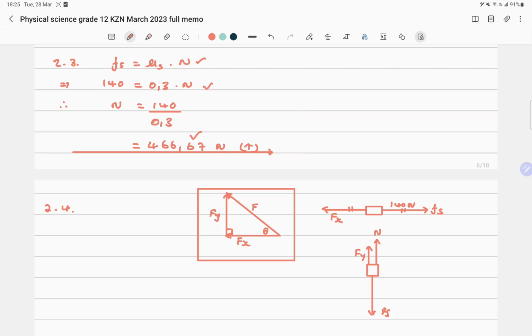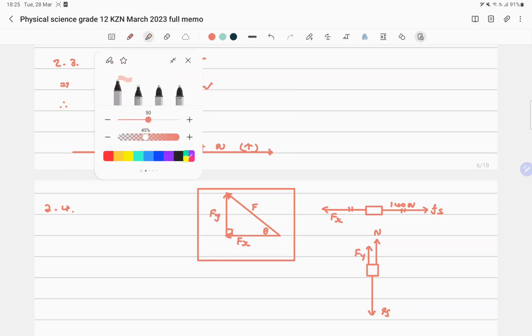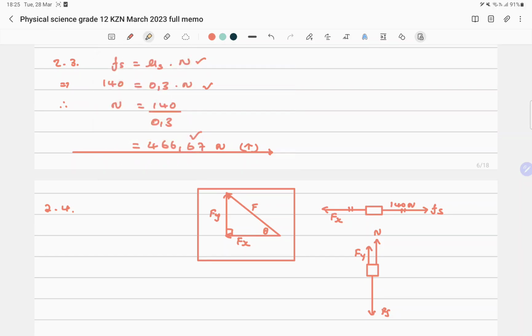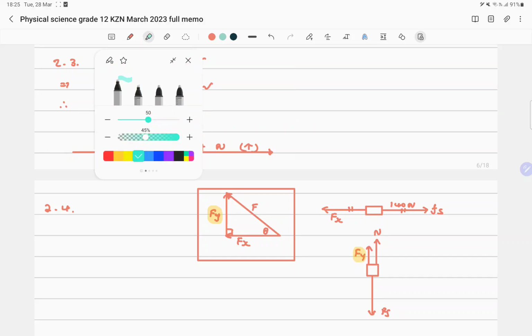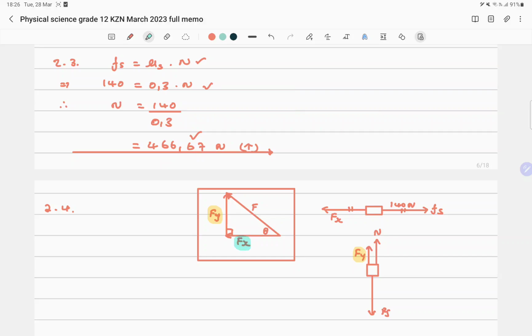Because for us to get theta, we need a value on Fy. And Fy can be found here. We also need a value on Fx, and Fx can be found there. Okay, so these are some of the things that we need, because we're just going to keep it simple now.